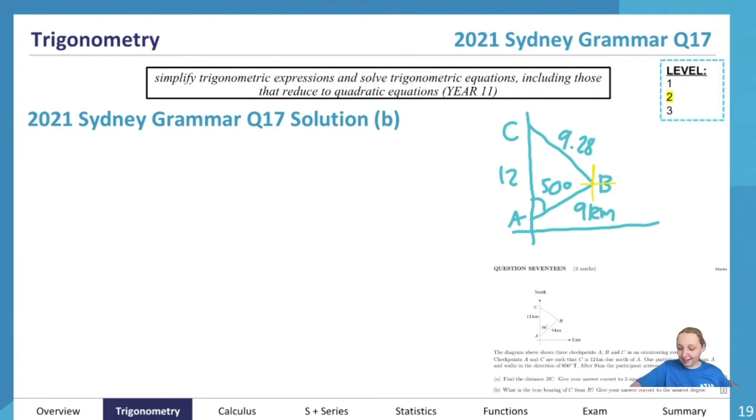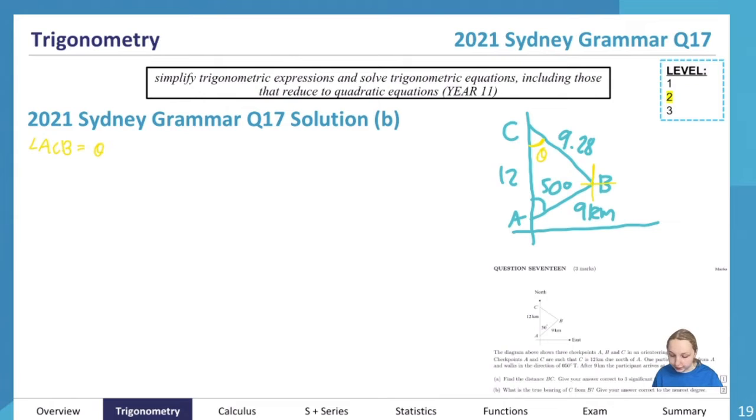Okay, anyway. So what is the true bearing of C from B? The first thing we're thinking about is finding this angle here. Let's call this one theta, so angle ACB is equal to theta.